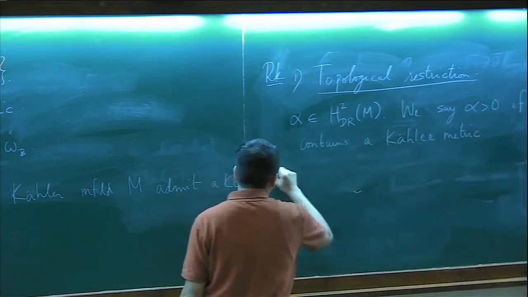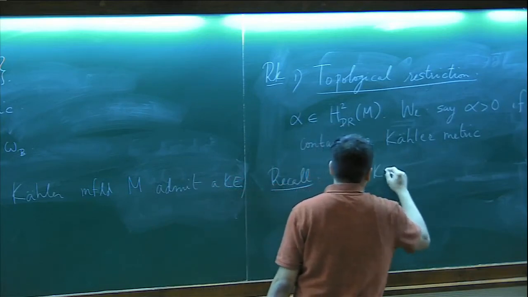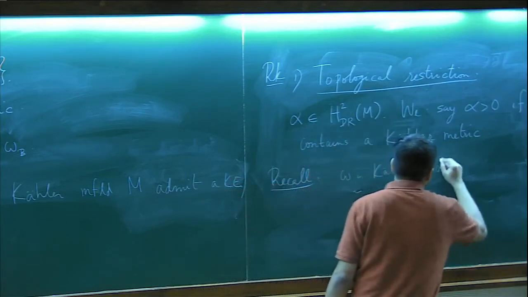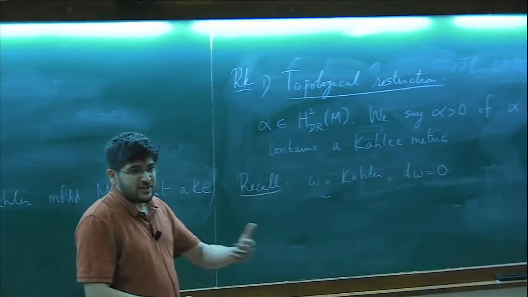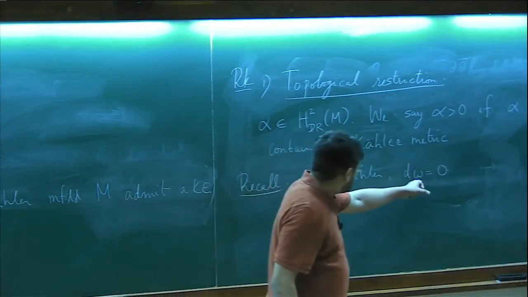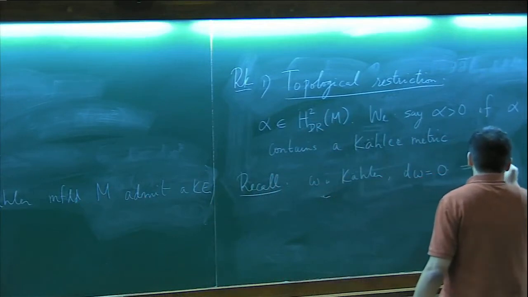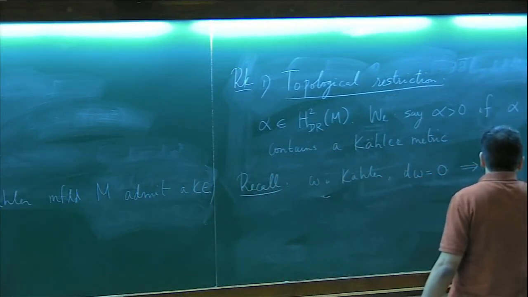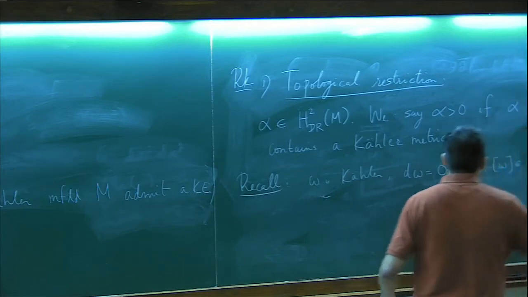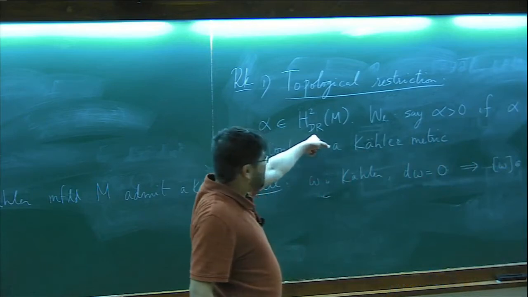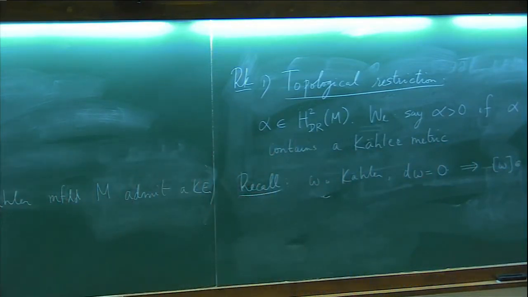Okay, so recall that if omega is Kähler, then d omega was 0. So omega is a closed form, and that was the definition of being Kähler. So that means omega represents a cohomology class in the de Rham cohomology group. Okay, so then we say that an arbitrary element here is positive if it actually contains such a Kähler form, right?